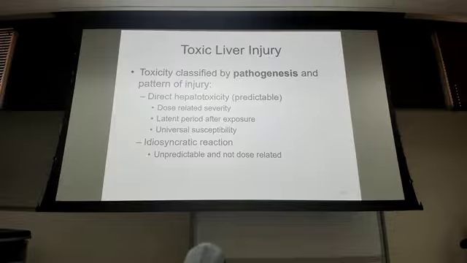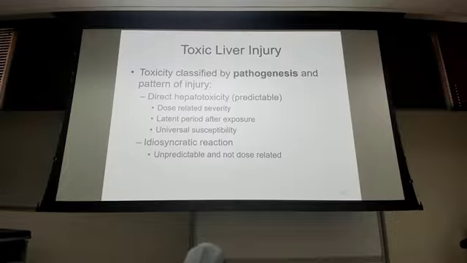So the contra to that is an idiosyncratic reaction. That means we can't predict what's going to happen based on how much you took, when you took it, or how long after you took it, as far as what we're going to see going on with the liver proper. So we have to understand the pathogenesis and the pattern. Is it predictable? And those are 3 bullets that make the drugs and the toxins that we mentioned on the slide before.